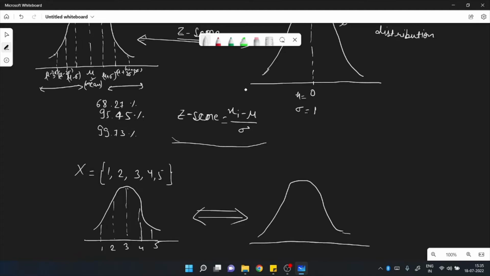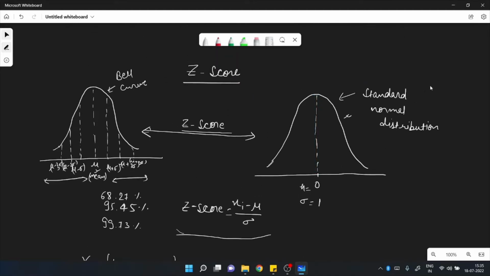So in that case, this particular mean will be 0, because I already told you that in case of a standard normal distribution, this mean, that is mu, should always be 0 and standard deviation should always be 1.